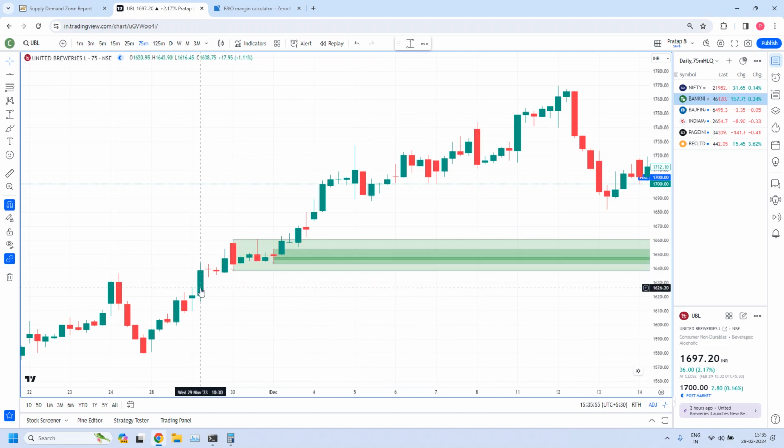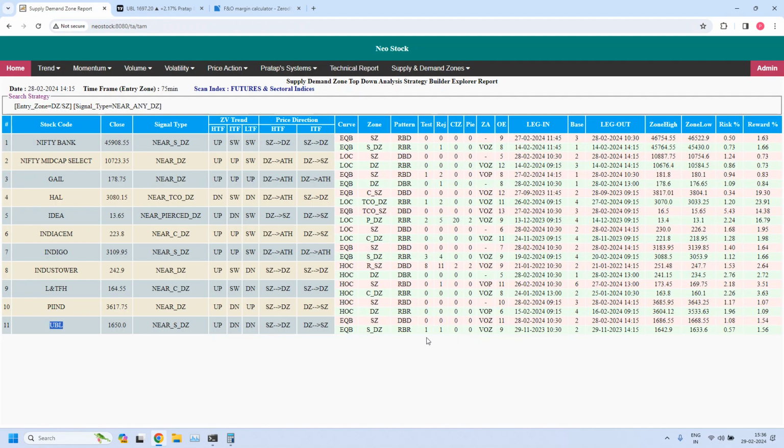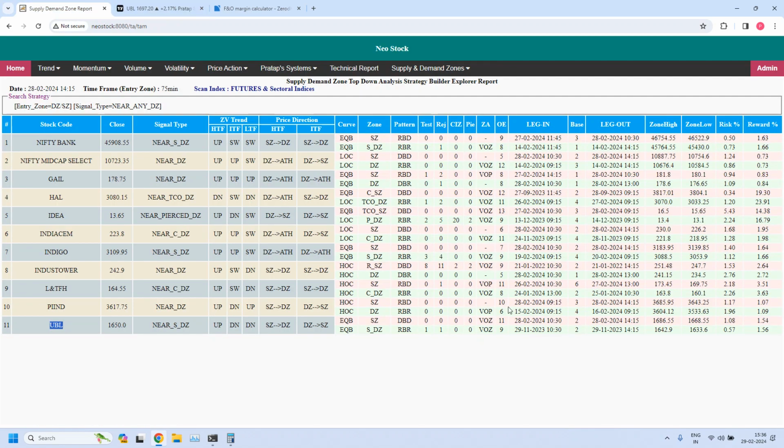So this is the 29/11, 10:30 candle. Two base candles, and 14:15 is the leg out. This is 14:15. This is the one.